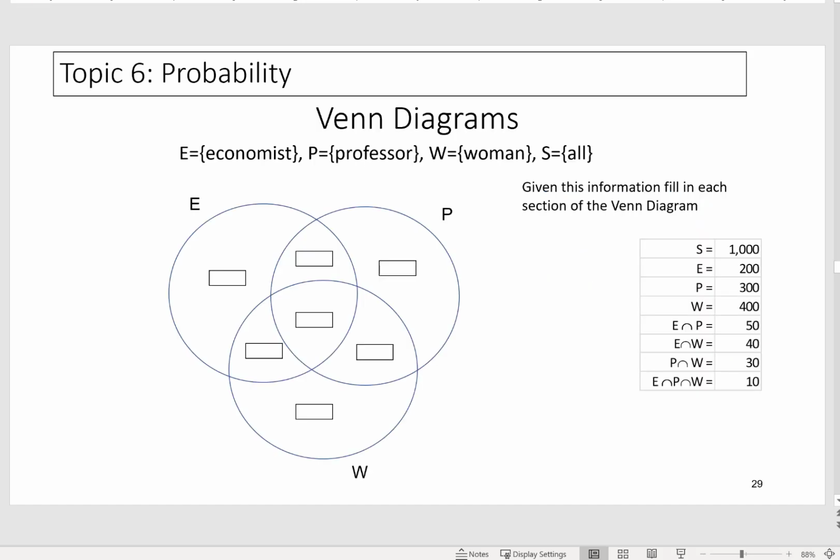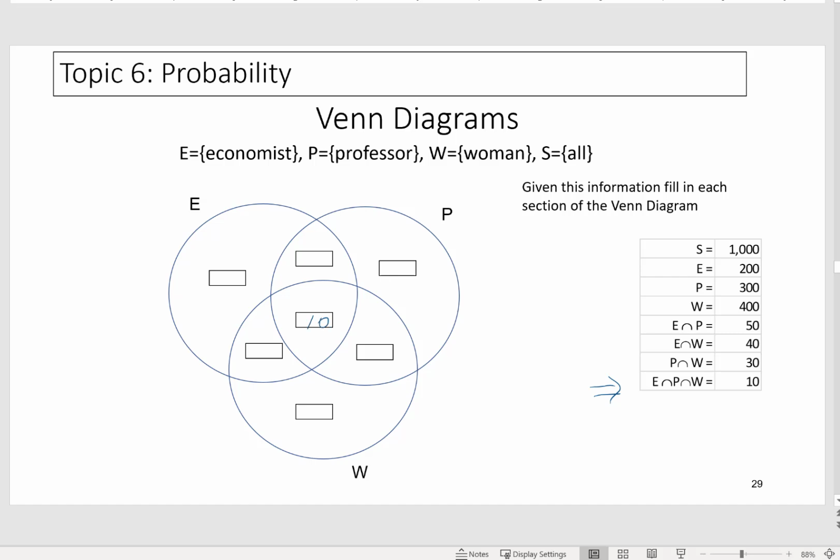So it's kind of weird when we have a problem and we're trying to find probabilities. We start with the centermost, the one that is in the intersection. So in this example, we look for what's going on from the middle and work our way out. We know that there are 10 that are economists, professors, and women. So there are 10 that go in here.